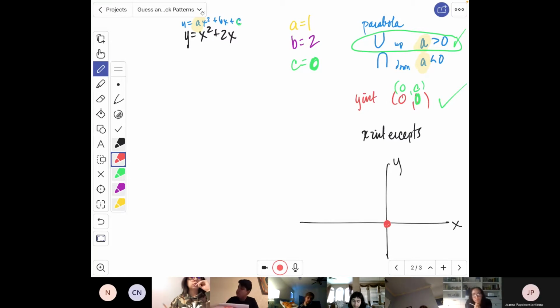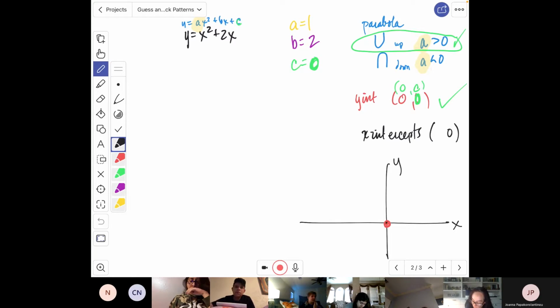Yes, quadratic means I have 2 roots. Now, those roots may not be distinct roots. I may have a double root. I may even have a complex root, right? It may be imaginary. But I know for my x-intercepts that my y value is 0.